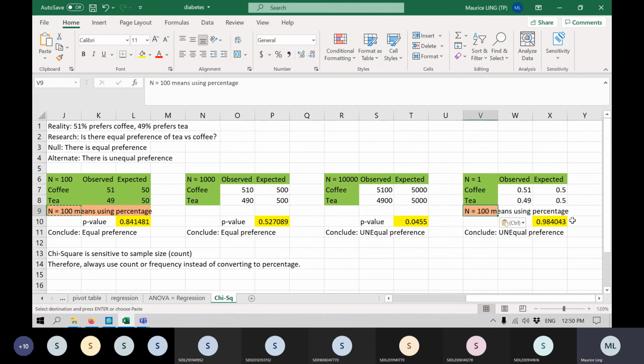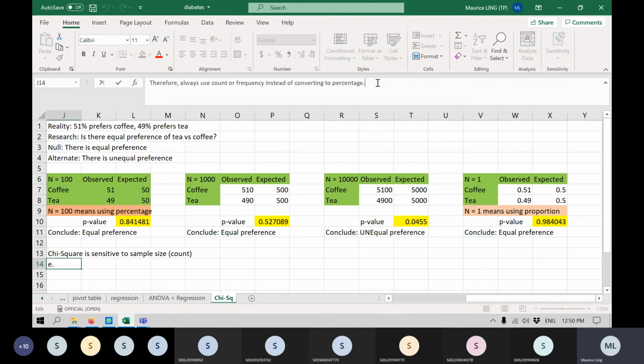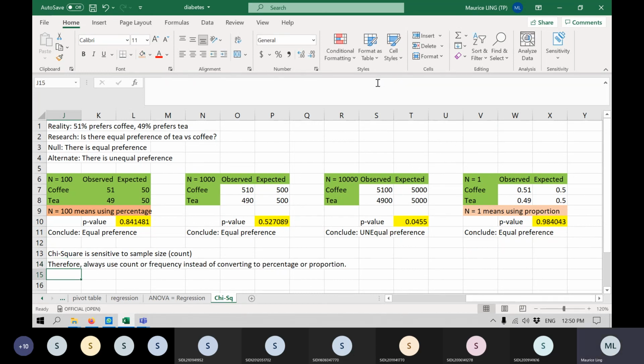N equals 1 means using proportion or ratio. Your conclusion will be wrong again. So always use count or frequency instead of converting to percentage, or worse, proportion. Please show anybody this example if they tell you otherwise.